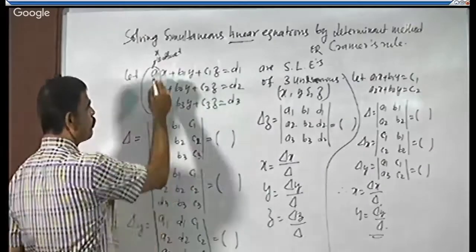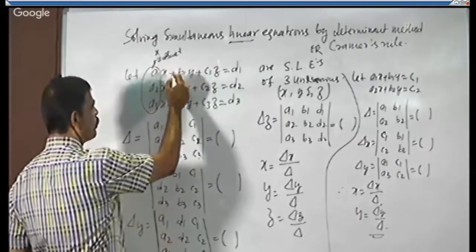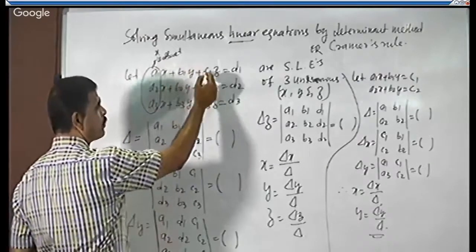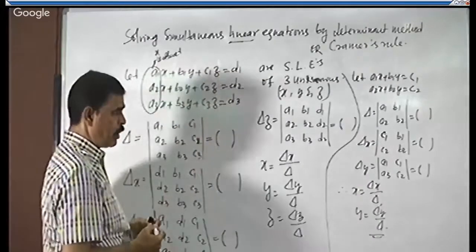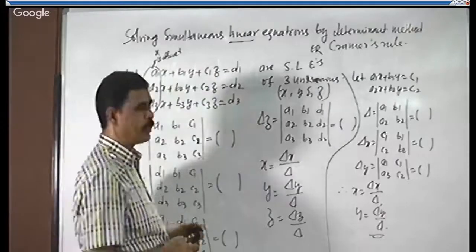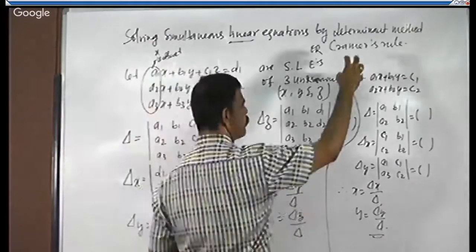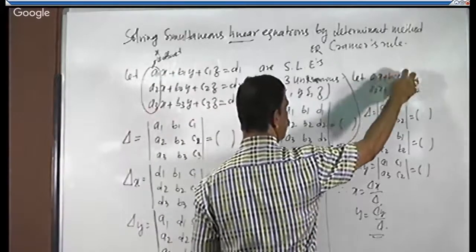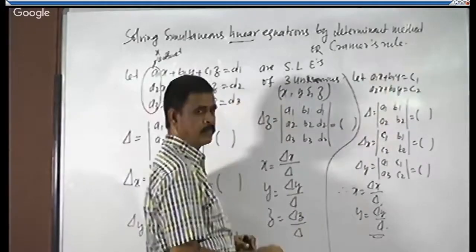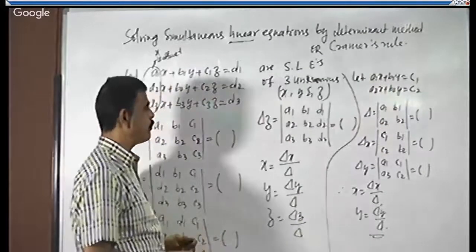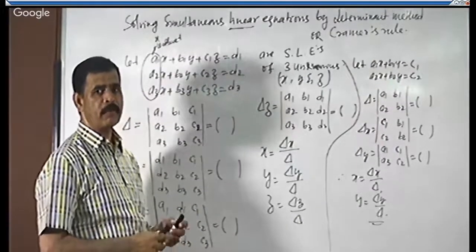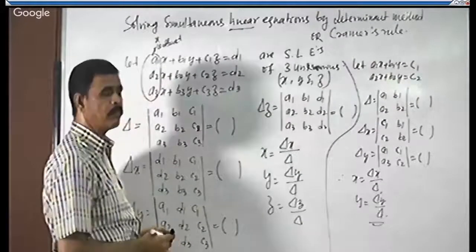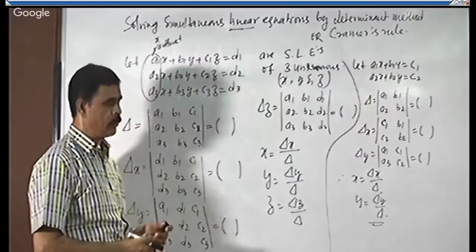The standard form is x term plus or minus y term plus or minus z term is equal to constant. If there are only 2 equations, the standard form is what? x term plus or minus y term is equal to constant. Suppose the given equations are not in standard form, then what to do? We have to take them into standard form.